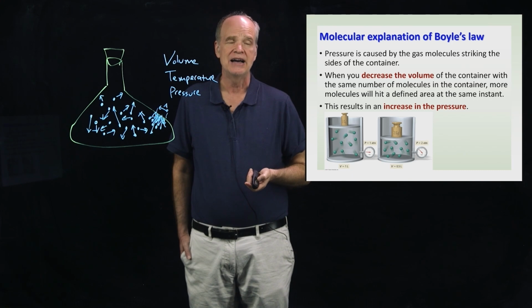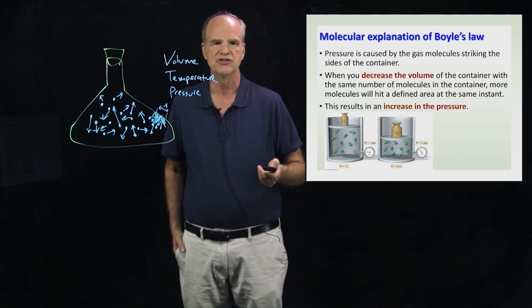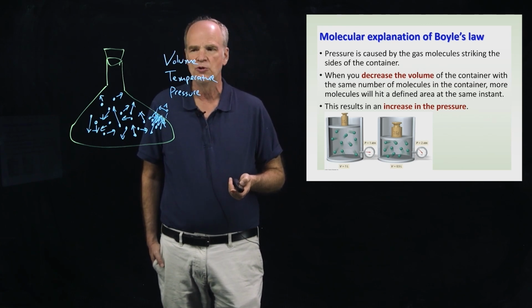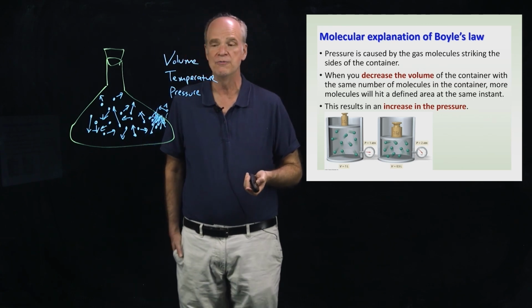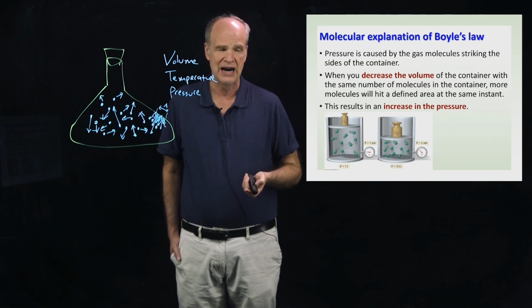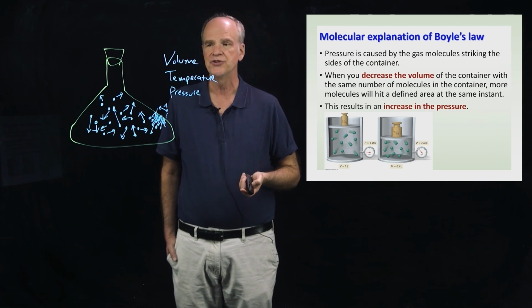That gas could be air, or some individual gas like nitrogen or oxygen. Now, if you reduce the volume by half, going from 1 liter to 0.5 liter, you will double the pressure. You'll go from 1 atmosphere to 2 atmospheres.